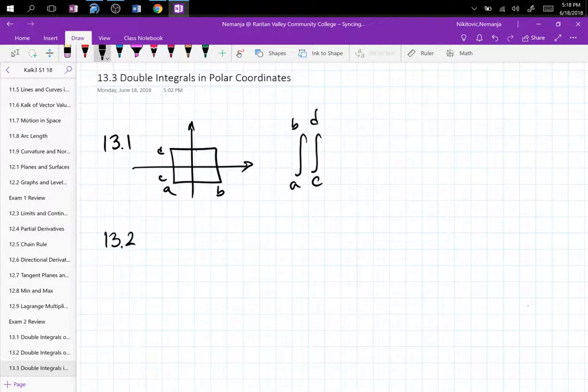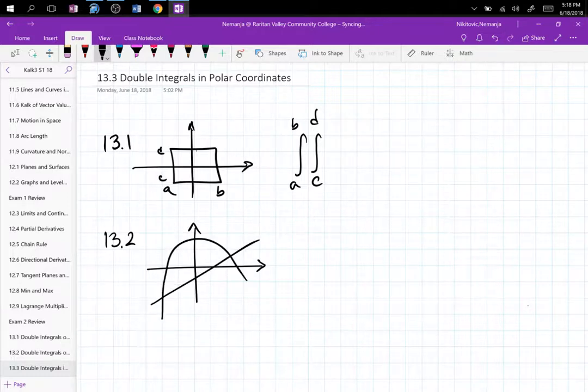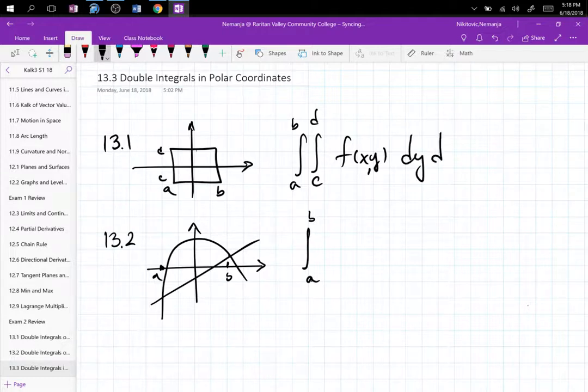In 13.2, we had regions where, let's say, you have a linear line and a polynomial intersecting at A and B. So we had A to B. I should write the rest because it's important that this is dy dx if I use this order.